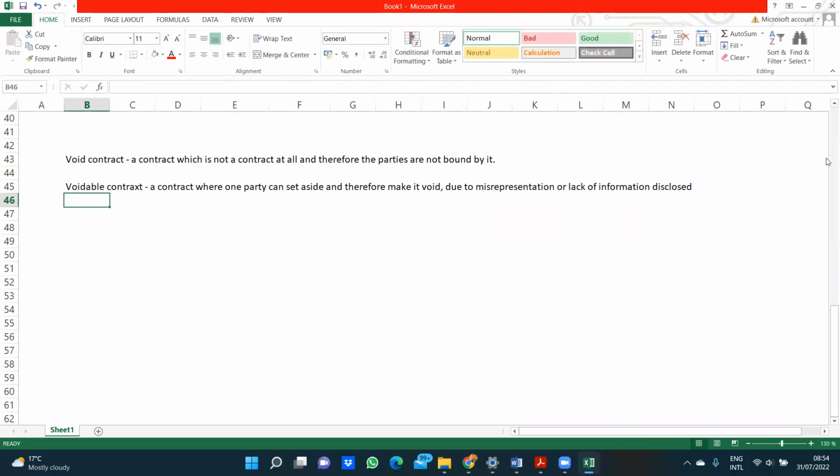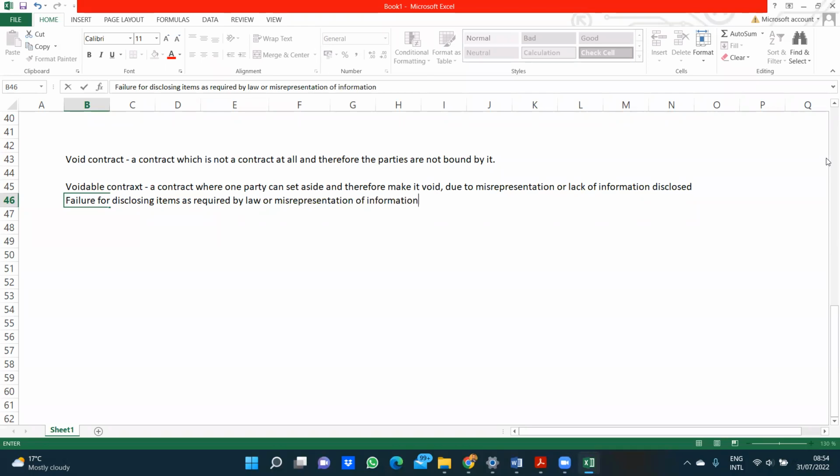So failure to disclose items as required by law, or misrepresentation of information, renders a contract voidable.